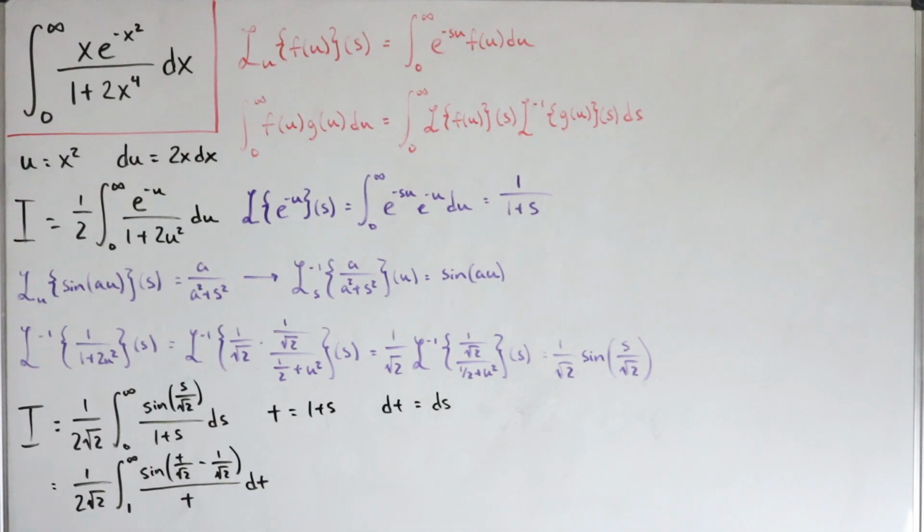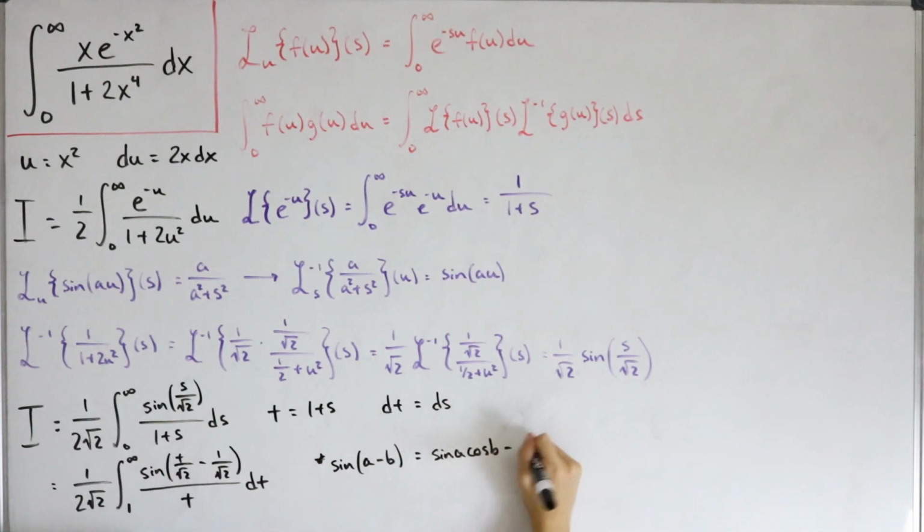Instead, we're going to utilize a nice trigonometric identity for the difference of inputs for sine, which says that sine of a minus b is equal to sine of a multiplied by cosine of b, subtract cosine of a multiplied by sine of b. That's the trigonometric property we'll utilize to substitute into our numerator.